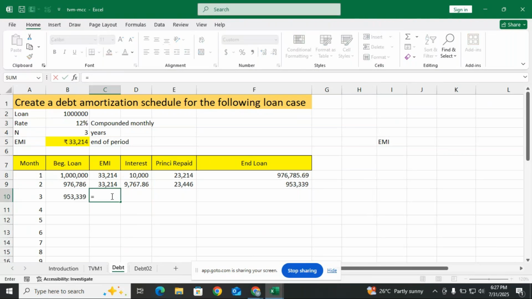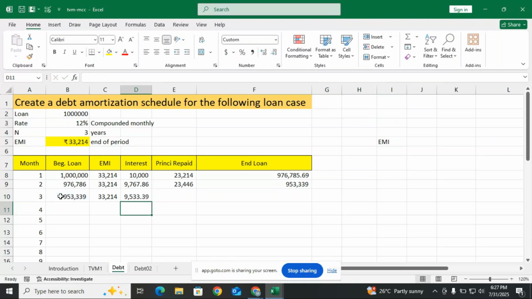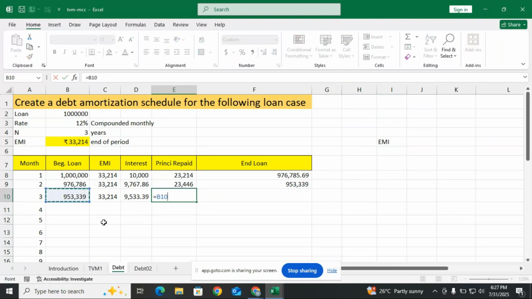So equals to, and again, what is the interest calculation into 12% divided by 12, which is 9533.39.